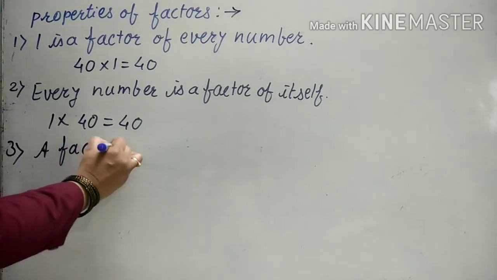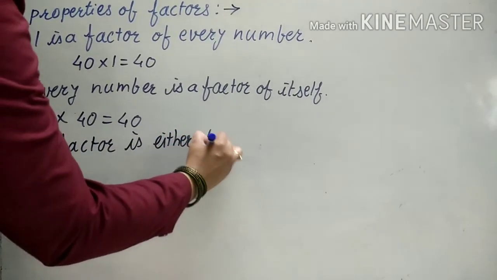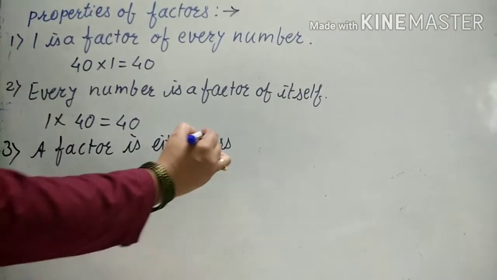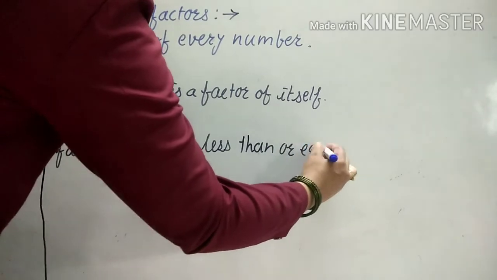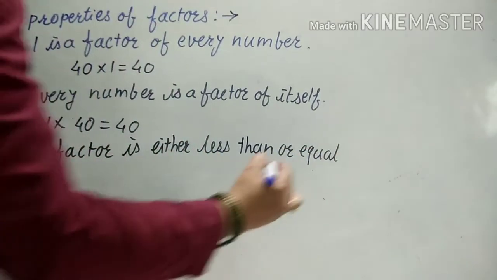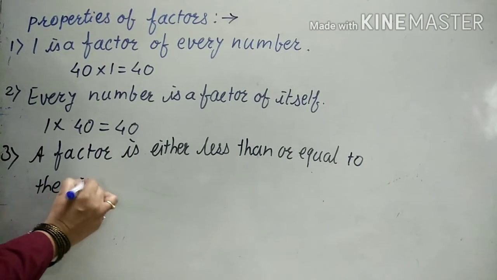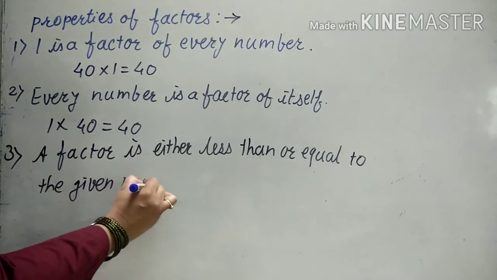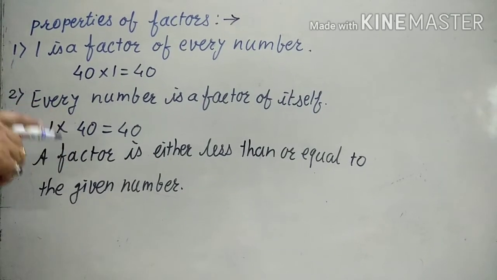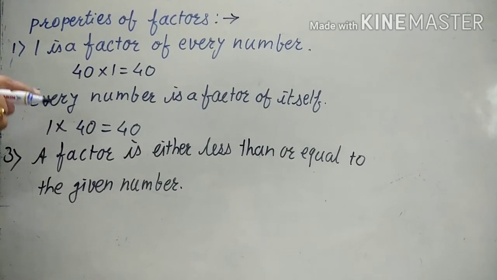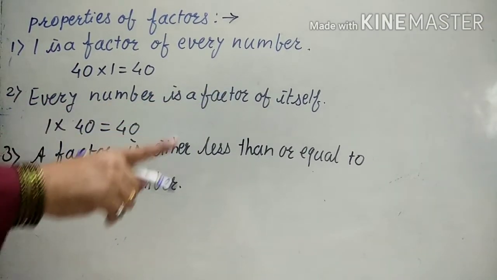Third property is a factor is either less than or equal to the given number. See, when I want to check whether my factors are correct or not, how can I check? A factor is either less than or equal to the given number.